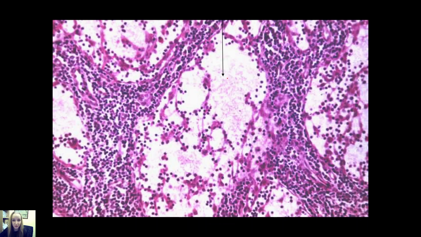Here we are in the medulla. I will tell you we are in the medulla because these spaces over here are dilated, and these spaces are medullary sinuses. And they will eventually merge into one efferent lymphatic vessel, which is once again lined with endothelial cells.